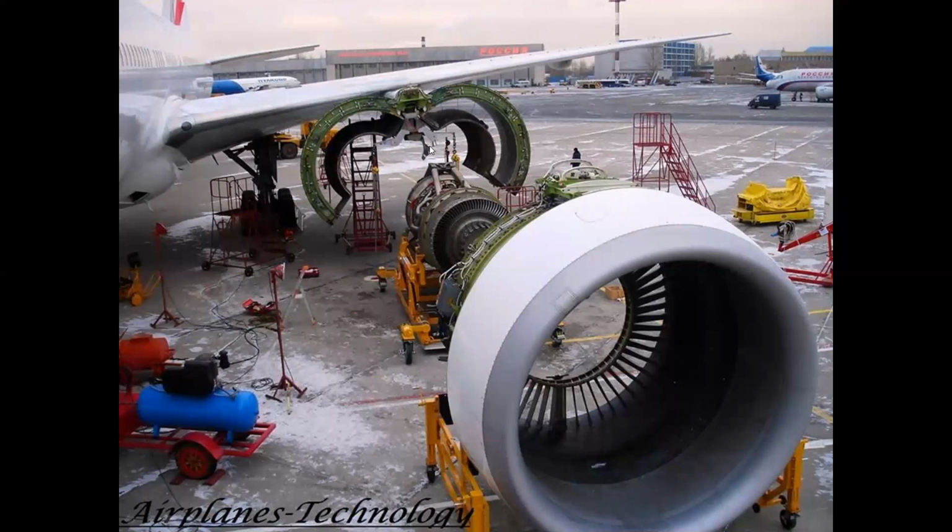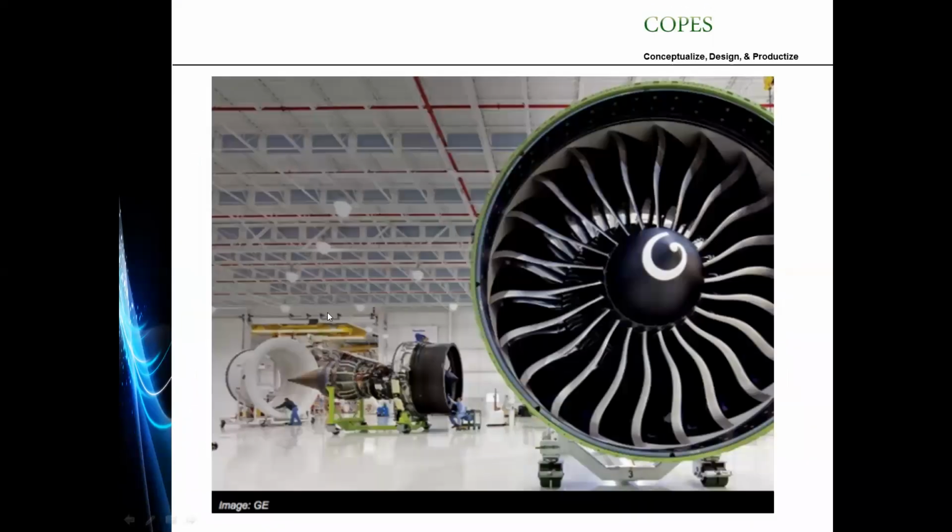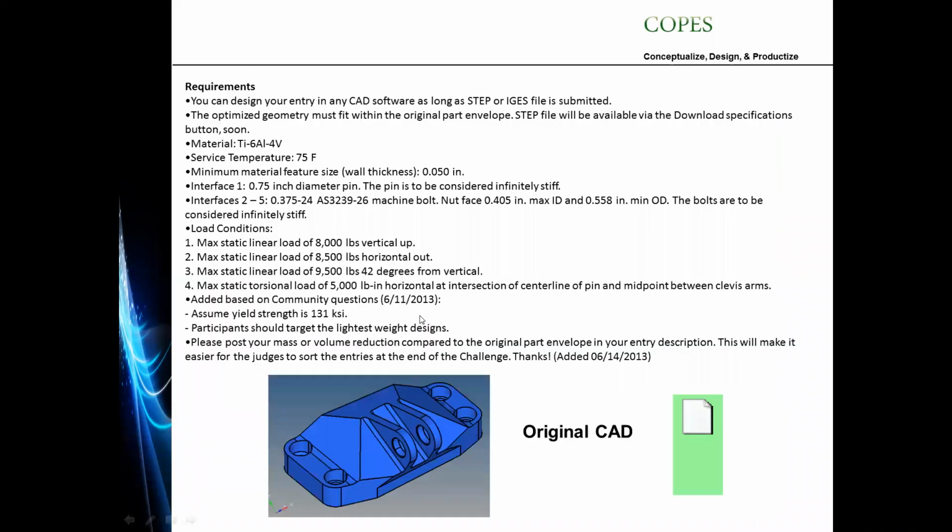Due to that failure, the whole engine was grounded. So they gave an open challenge to design an optimized CAD model with minimum weight that should withstand the entire load.